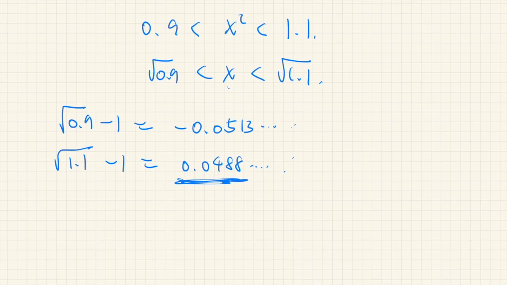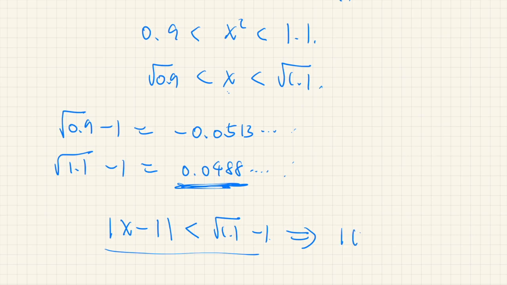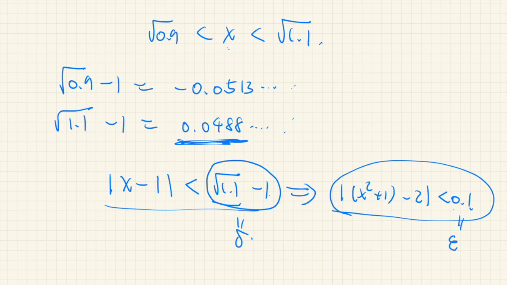So if we put the absolute value of x minus 1 less than square root of 1.1 minus 1, then if this holds, we can say that the absolute value of x squared plus 1 minus 2 is less than 0.1. So we can find such a delta. If we put this as delta, then we can make this inequality hold for epsilon equals 0.1.